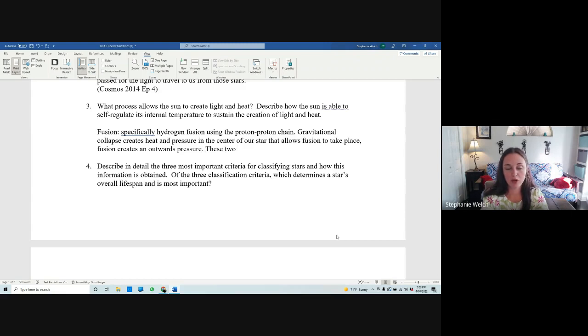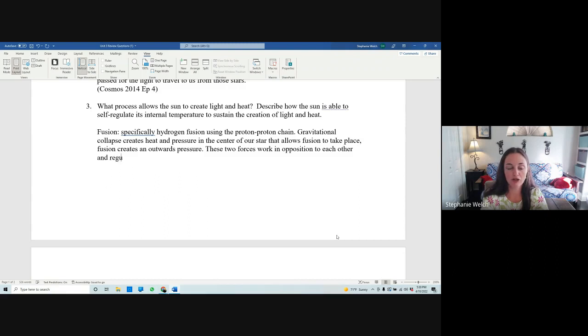These two forces work in opposition to each other and regulate each other. So, as long as gravity is pushing inwards, then it keeps the temperature up. And as long as the temperature is up, fusion will still take place at the same rate.